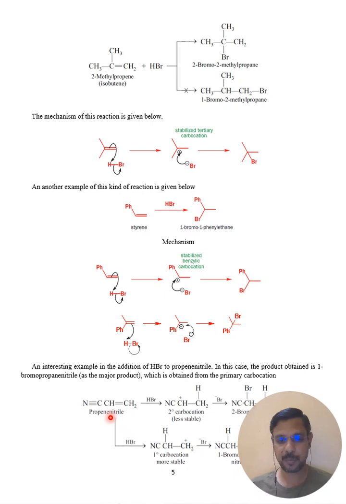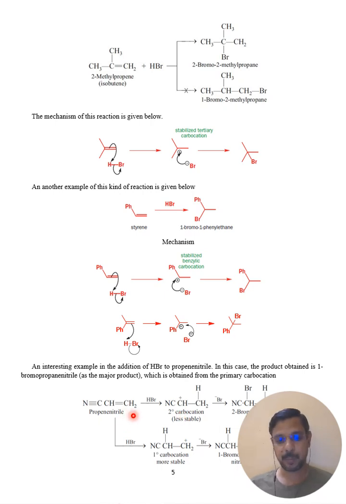If that forms near the carbocation, there is a strong electron withdrawing group, that is the C triple bond N, right? So this electron withdrawing group destabilizes the carbocation, right? So this destabilization will not favor the product formation.